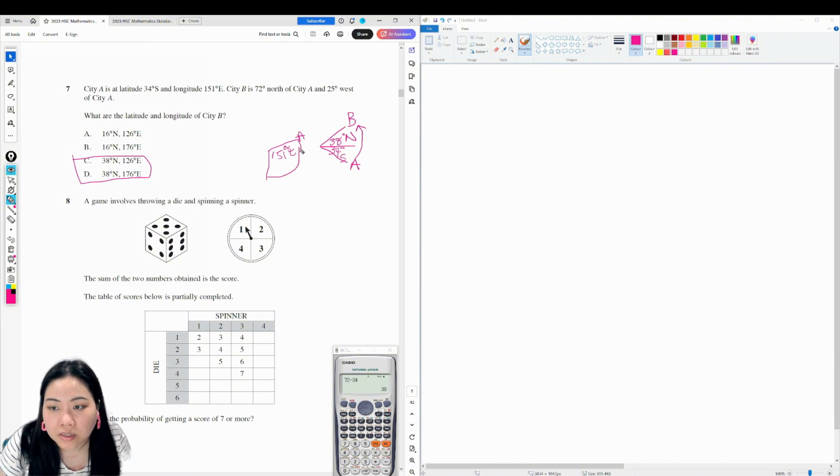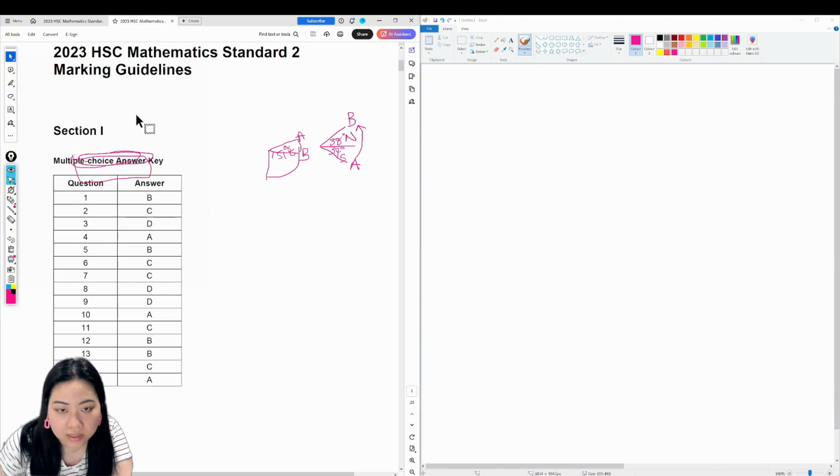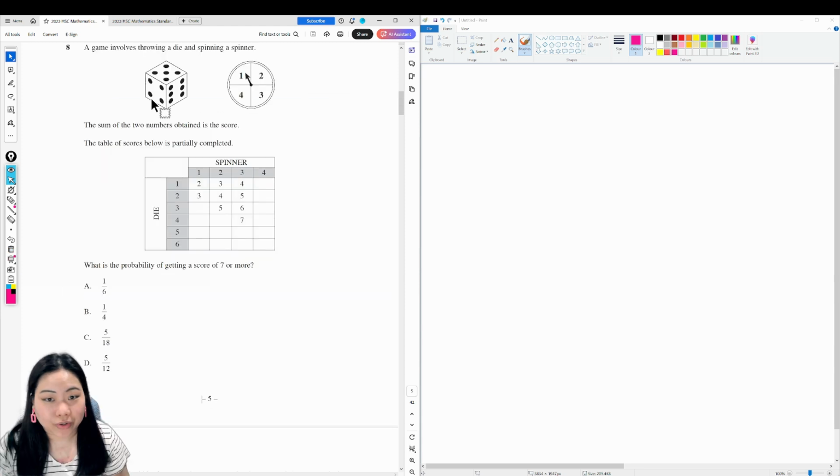City B is 25 degrees west of A, so City B is here somewhere. 151 minus 25 is 126 degrees east. Therefore, 7 is C. Let's see if I'm right. 7C. Yes. Good.